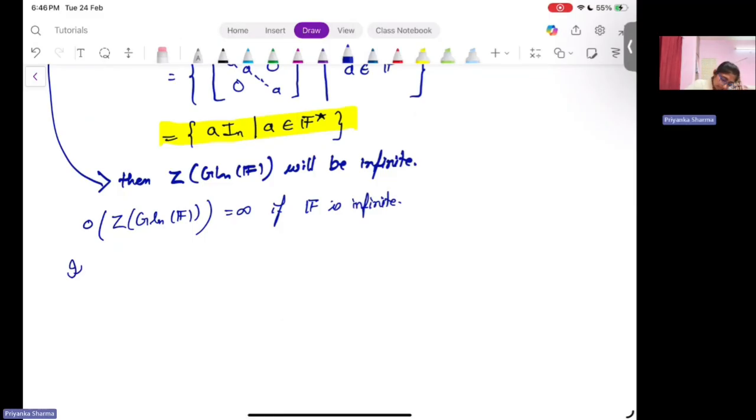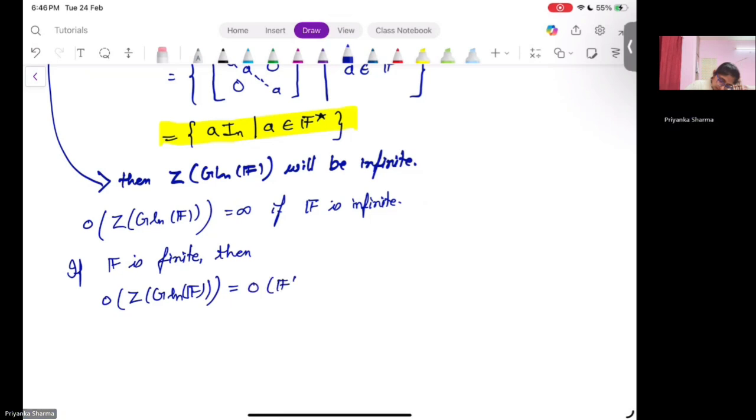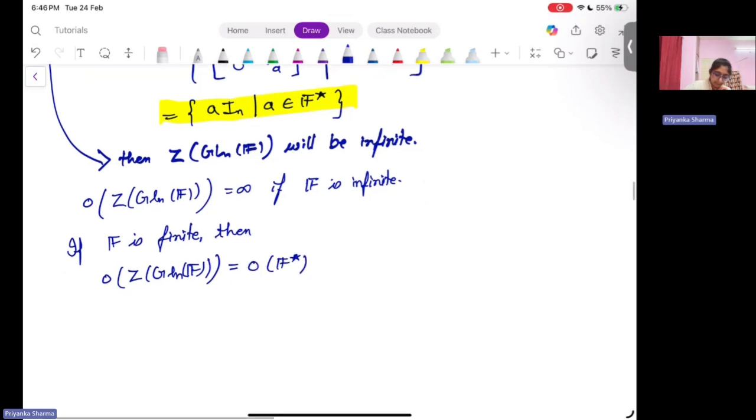If F is finite, then again the order of Z(GLN F) will be the order of F star.